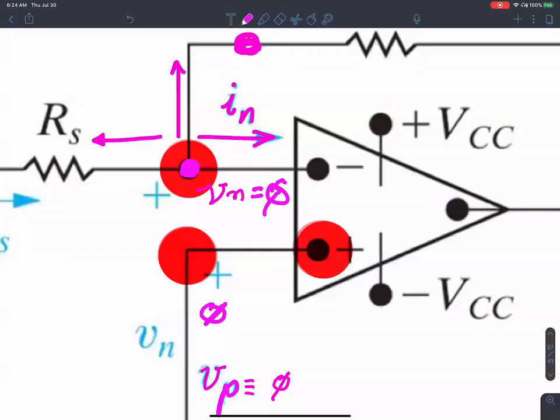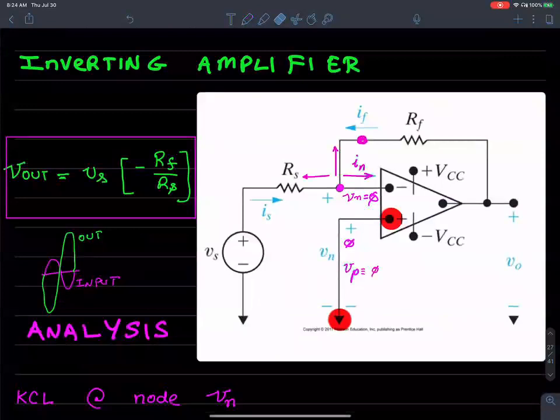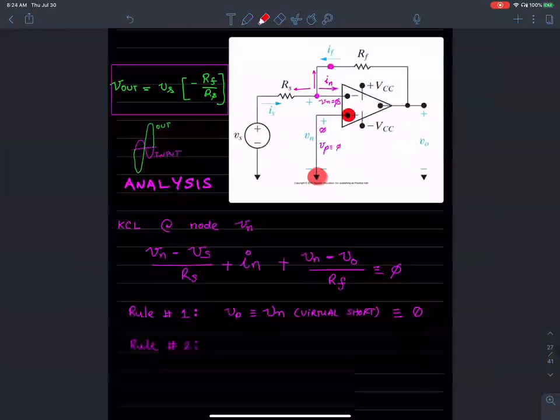It's almost like they're shorted together. Even though they really are not, they behave as if they're shorted together. That's the idea of virtual short. And I know for a fact that I tied that to ground, therefore that's going to appear on VN as well.